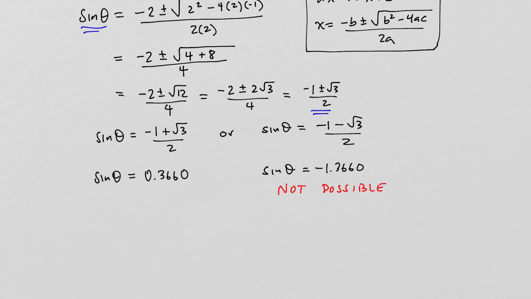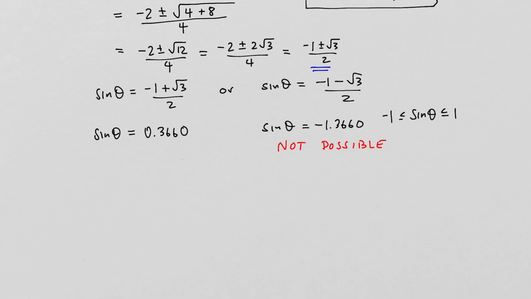So one thing to remember about sine and cosine is they can never be greater than 1 or less than negative 1. So remember, the value for sine always has to be a number in between 1 and negative 1. So if ever you get a value that is outside of this, it's not possible. So we can save some time by recognizing that.